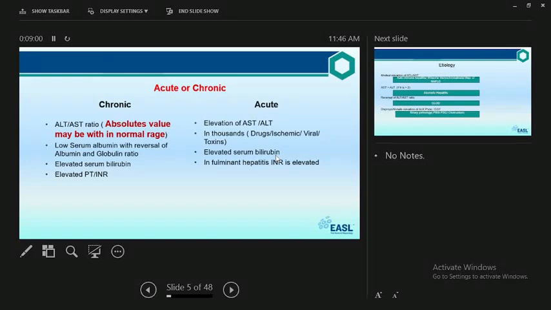Elevated serum bilirubin could be there in acute liver disease. However, if the acute hepatitis progresses towards fulminant liver failure, then the synthetic functions are going to be affected.